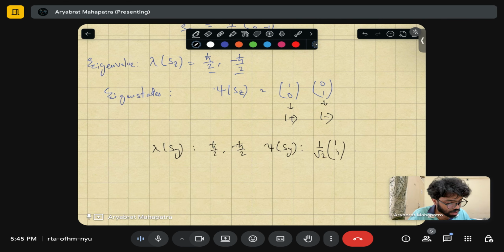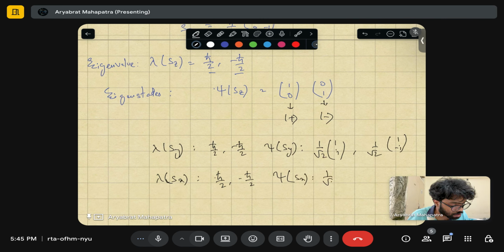Just solve it how you calculate eigenvectors for a matrix. Then the same you can calculate for the Sx operator. So you'll again get ħ/2 and minus ħ/2, and the eigenvectors are 1 over root 2 times (1, 1) and 1 over root 2 times (1, minus 1).